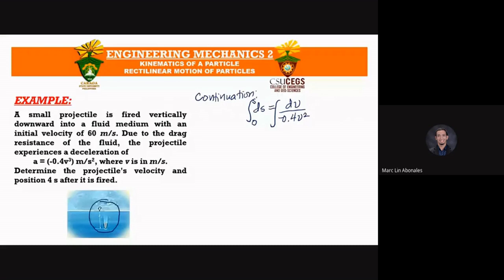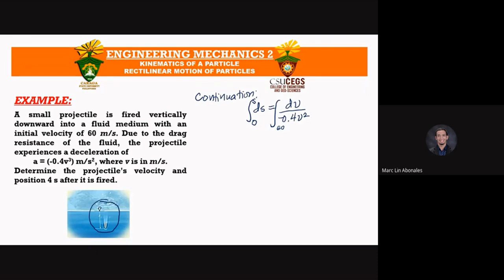For the velocity, what is our initial velocity? Still 60? 60 still. How about the final velocity? It is 0.559, from earlier. Since we are not considering time here, the velocity represents the time, which is the 4 seconds.